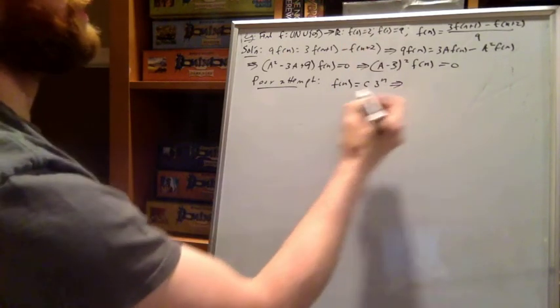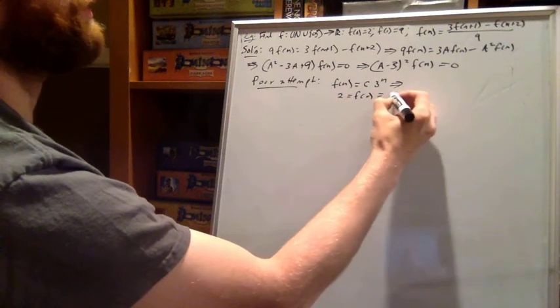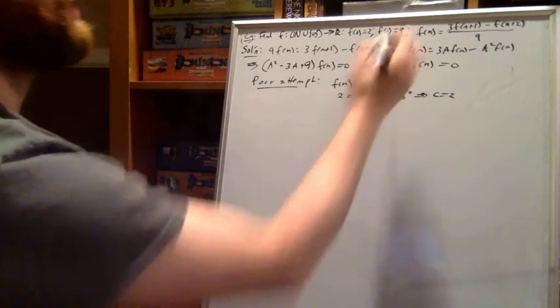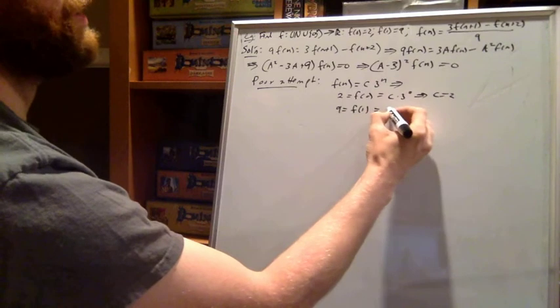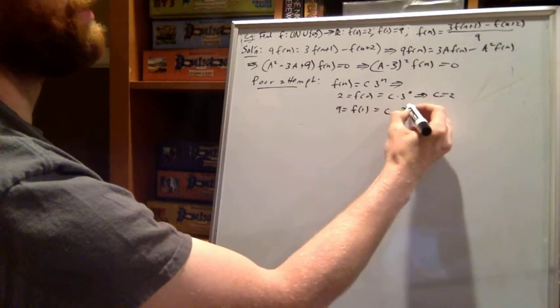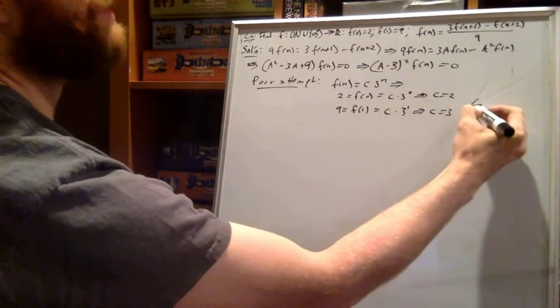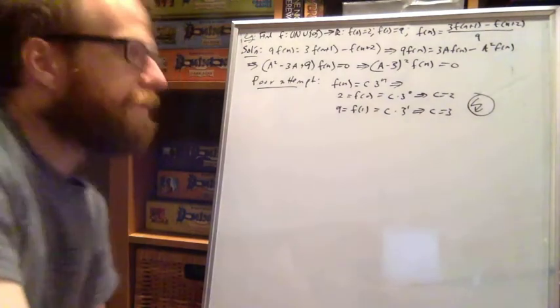Well, let's do this. 2 equals f of 0 equals c times 3 to the 0, which tells me c equals 2. 9 equals f of 1 equals c times 3 to the 1, which tells me that c equals 3. And that's a problem because 2 does not equal 3.